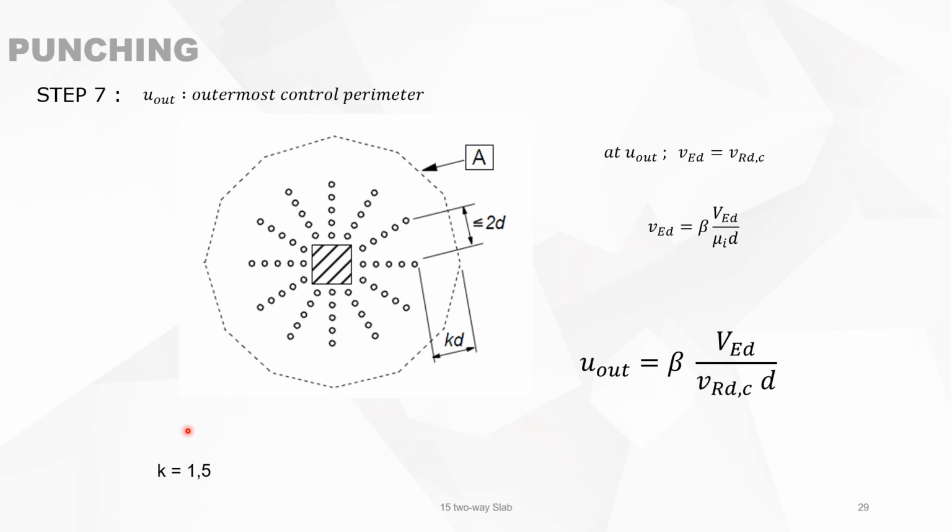This outermost perimeter has a function: the last perimeter where reinforcement is put must be within a zone of k times effective depth, and k is 1.5. So within the zone of 1.5d of the outermost control perimeter, there must be the last perimeter of reinforcement. And you always have at least 2 perimeters of reinforcement.